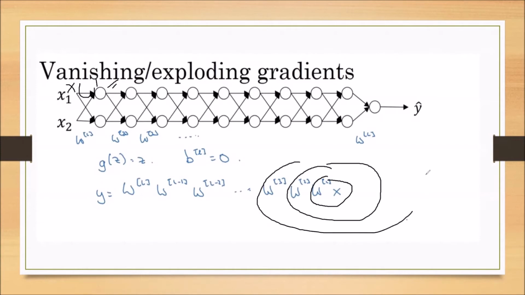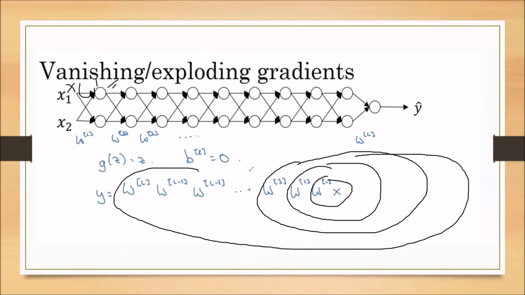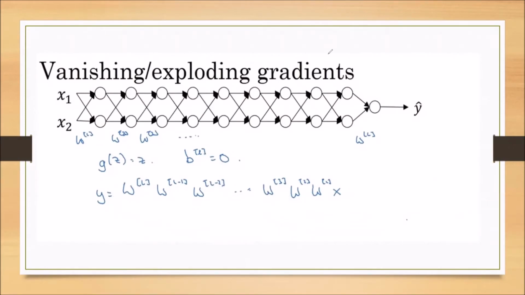Similarly, W3 into W2 into W1 into X is the output from the third layer. Similarly, WL into WL minus 1 into WL minus 2 and so on is the output from the final layer.